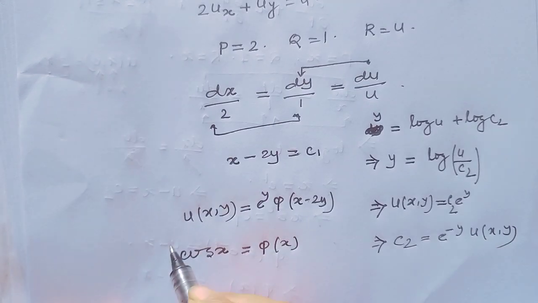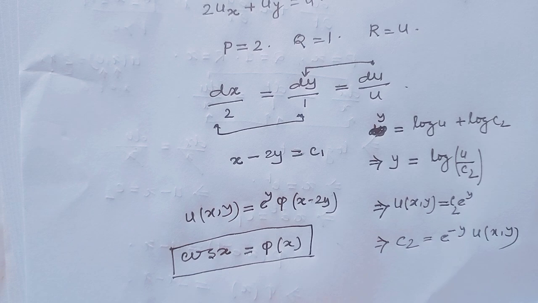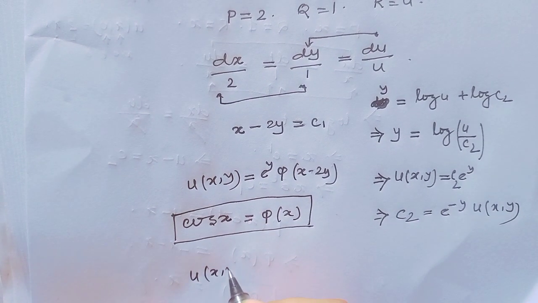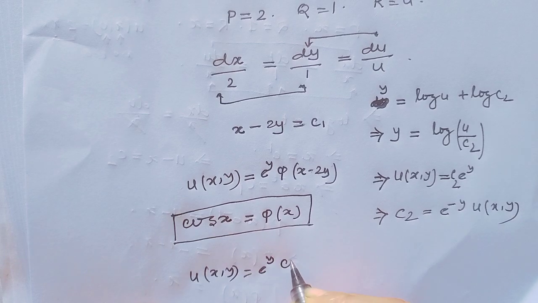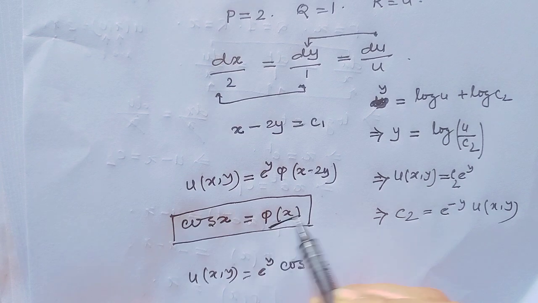That means phi of x equal to cos x. Therefore, u(x,y) equal to e to the power y times cos x.